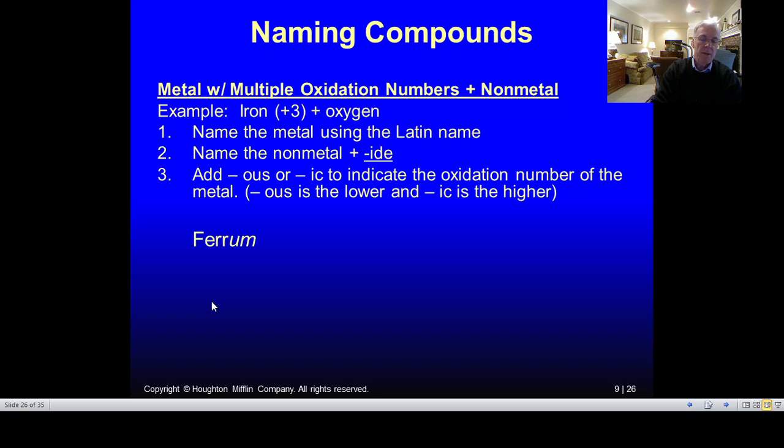So for example, if we were talking about iron, iron with the lower oxidation number, the +2, would be ferrum. And if we had iron 2 oxide, where iron has a +2 oxidation number, we would call this ferrum oxide. If it was iron with a +3 oxidation number, the higher of the two, we would call it ferric oxide.